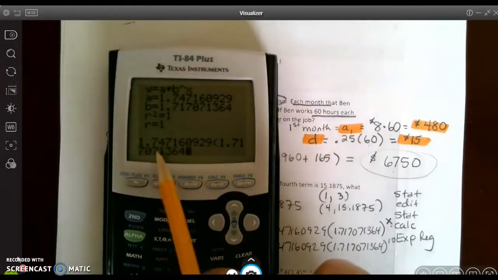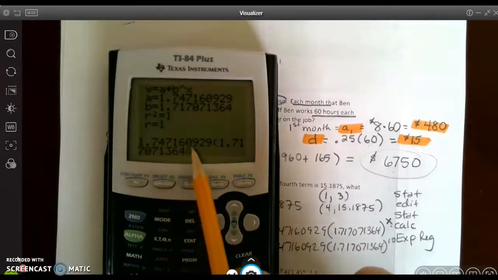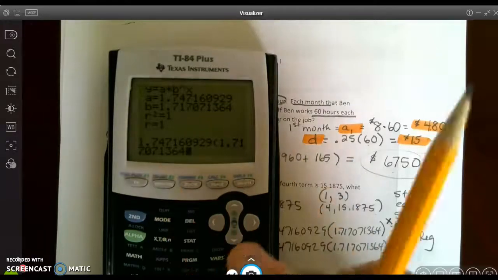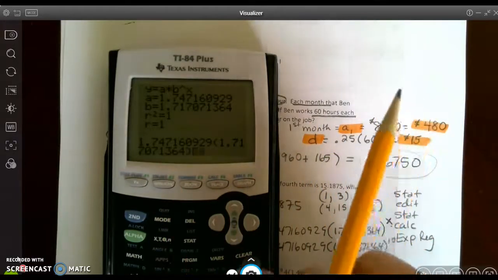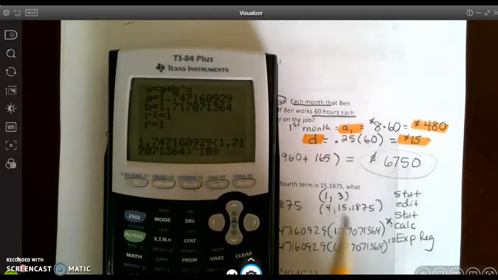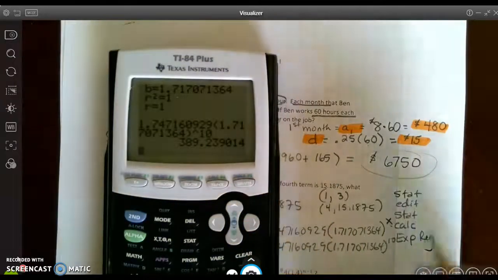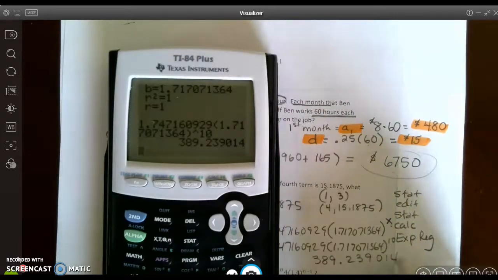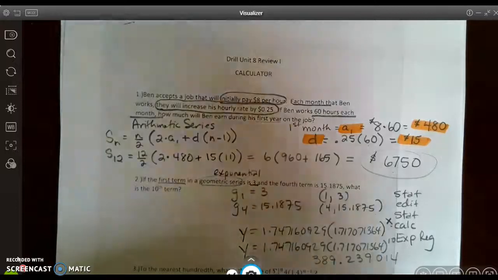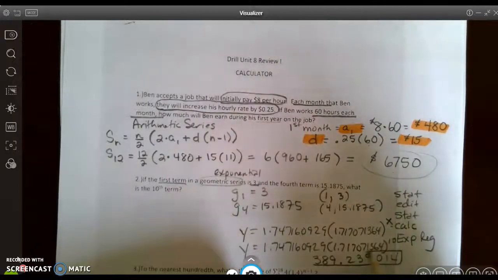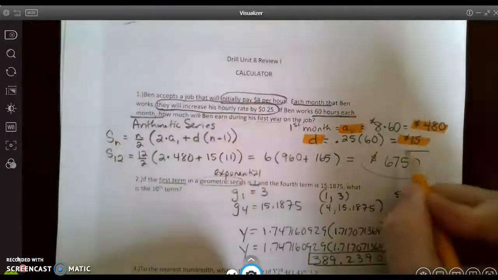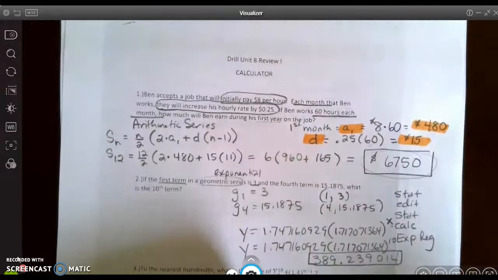And I want to check and make sure I typed in my numbers correctly. Yep. To the 10th power. And I get 389.239014. Here's my final answer.